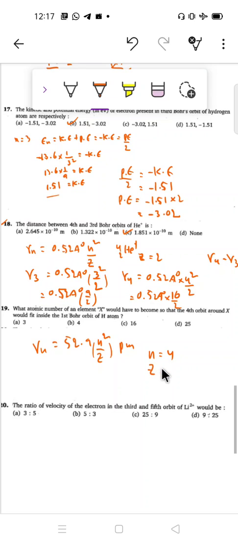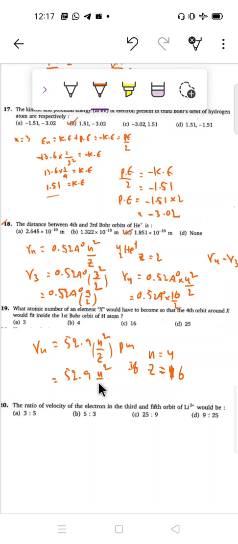If Z is equal to 16, then substitute both of them here.